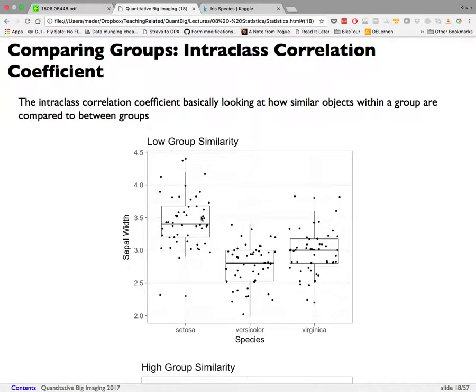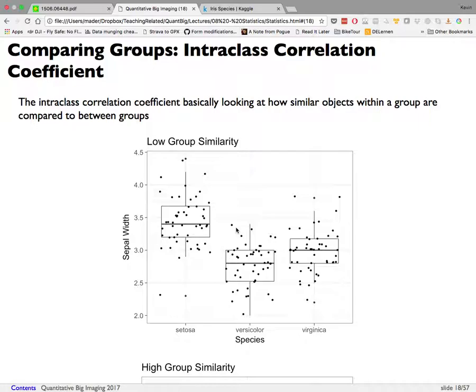So another thing you could do here, if you were focused strictly on reproducibility and you had the same flower, is you might have each one of these groups being a different flower, and these measurements being you going back to the sample and measuring again 5 different times what the sepal width is.